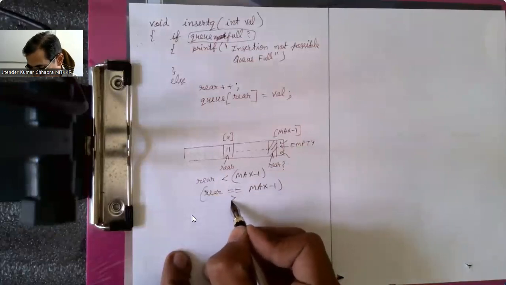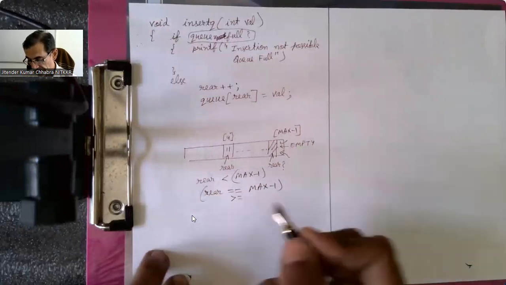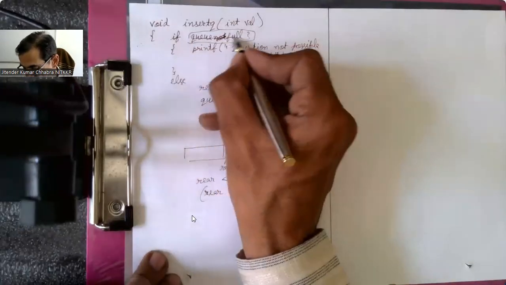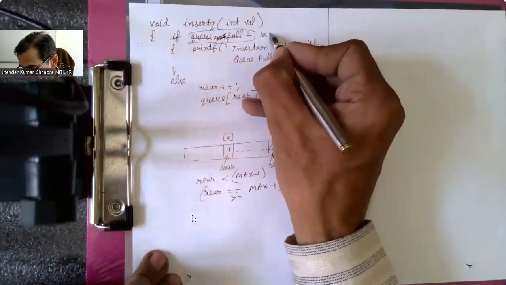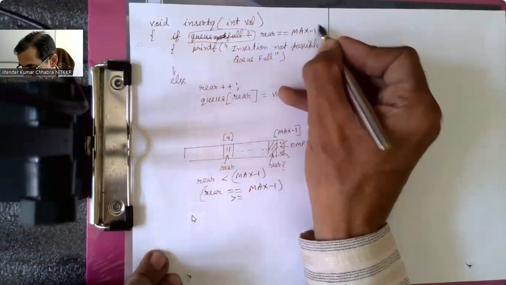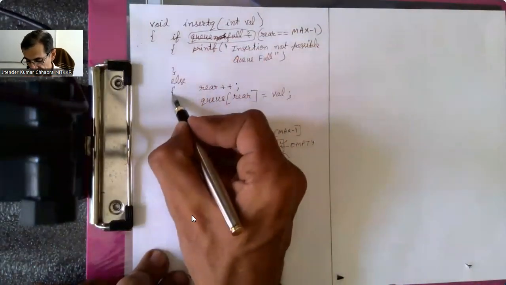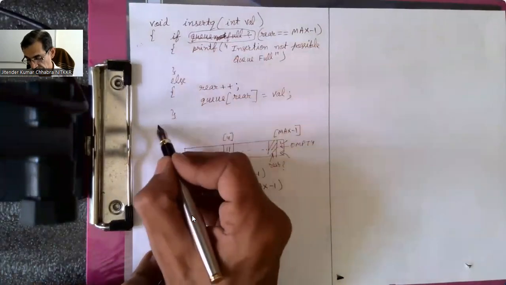Whether you write equal to or greater than or equal to, that will be fine. So ideally this condition will mean if rear equal to max minus 1, effectively the queue has become full, else I can easily do the insertion.